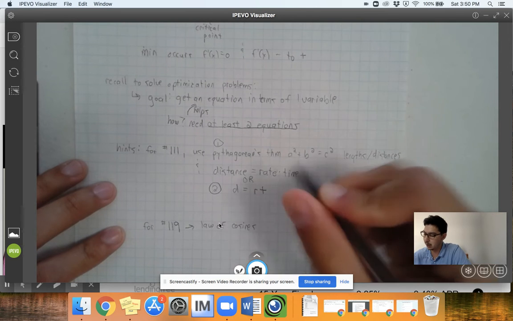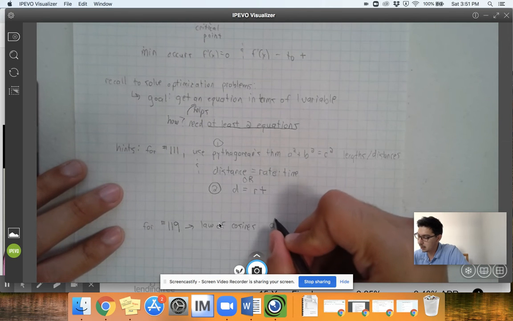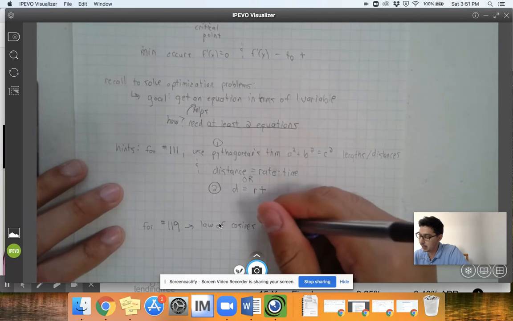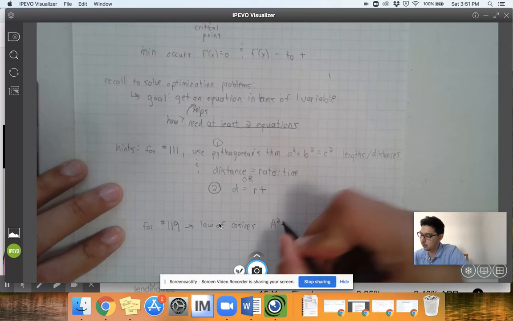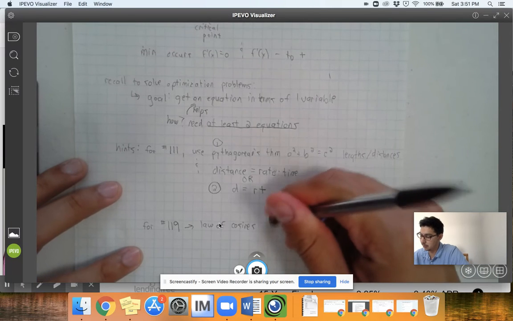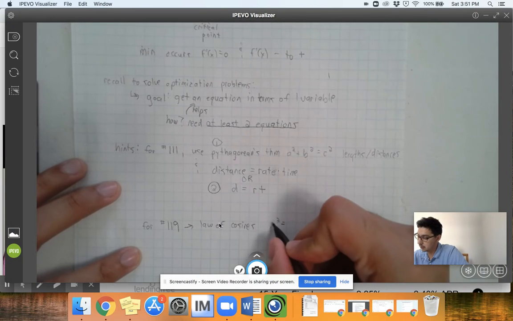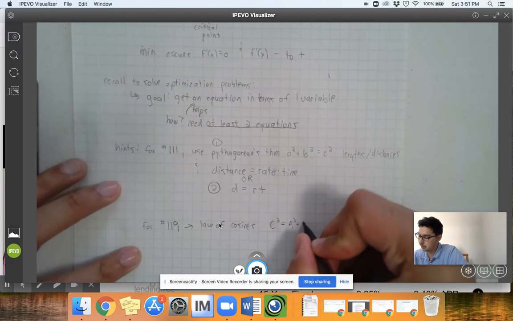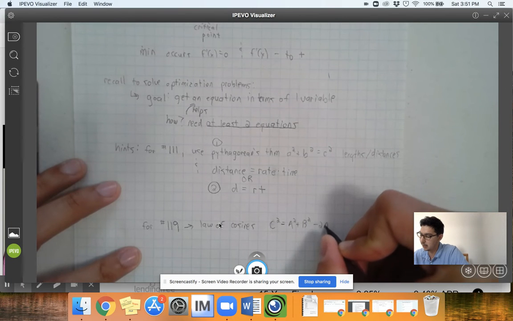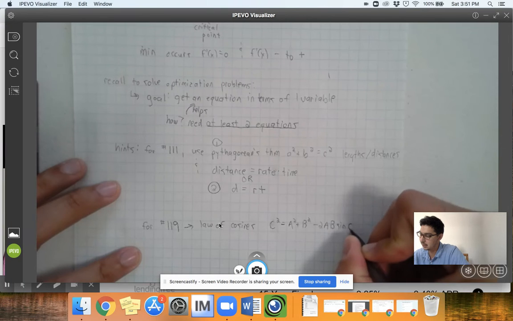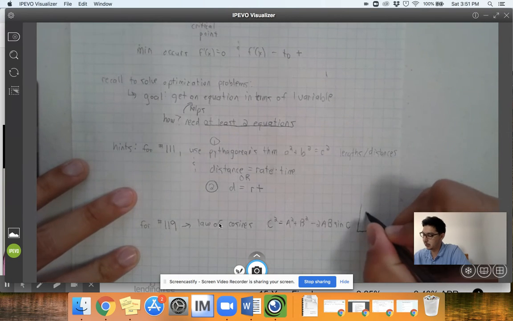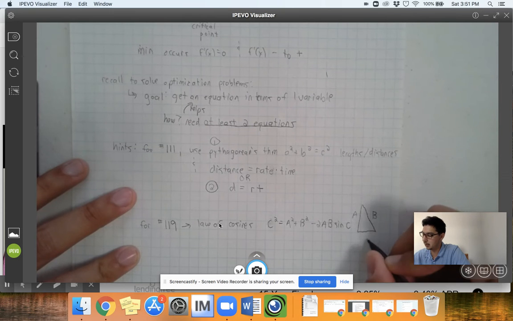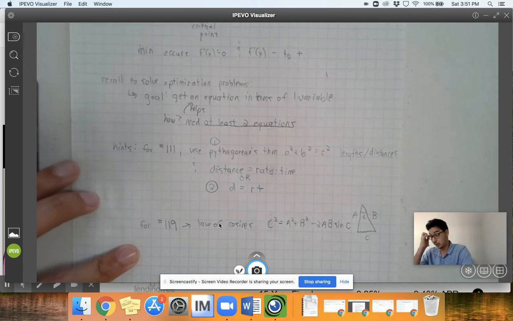Recall, the law of cosines is c squared equals a squared plus b squared minus 2ab cosine of c. For a picture here, we have sides a, b, and c with angle little c. That would be the law of cosines there.